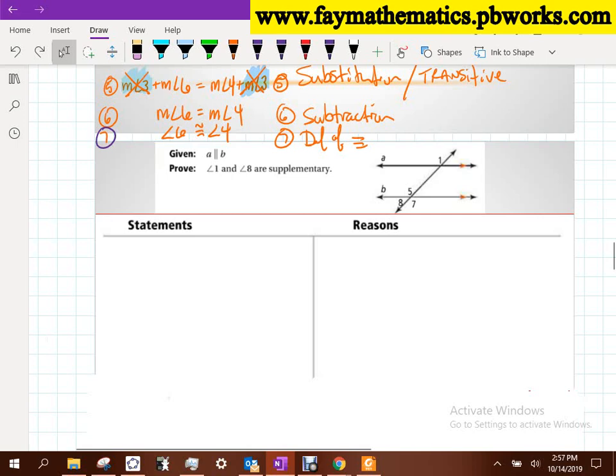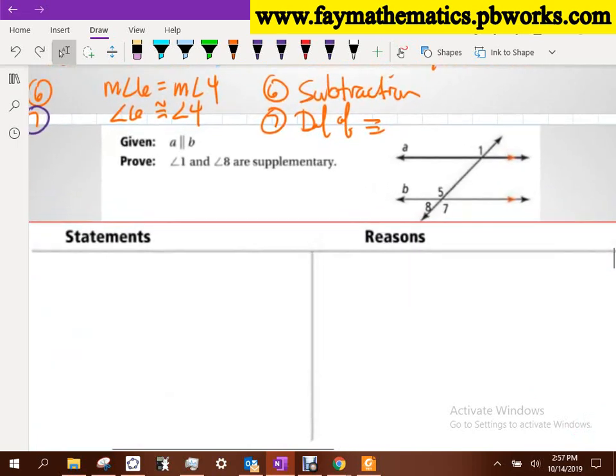All right, so in statement number 1 here, we are given that A is parallel to B. Now, parallel is a vocabulary word, but it never gives us anything based off its definition.